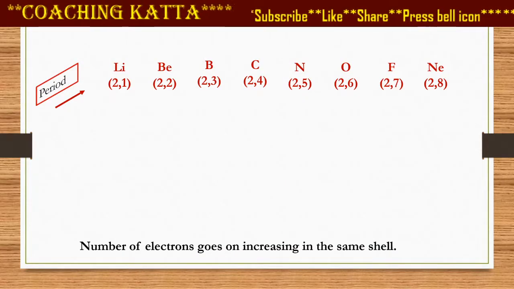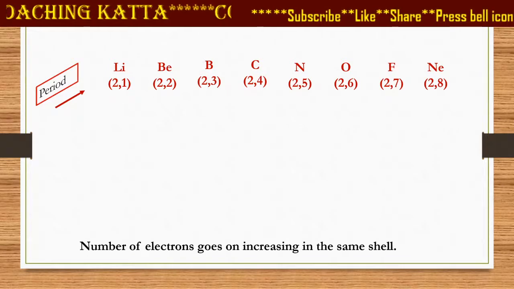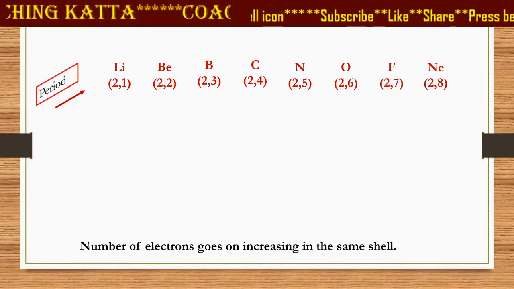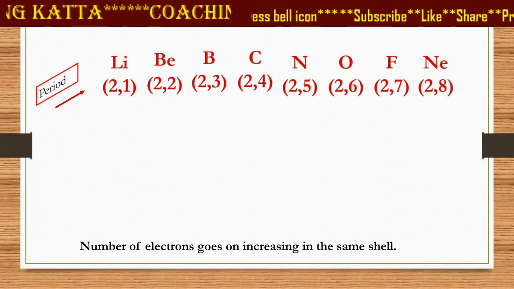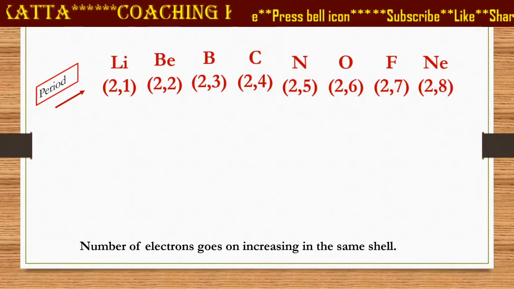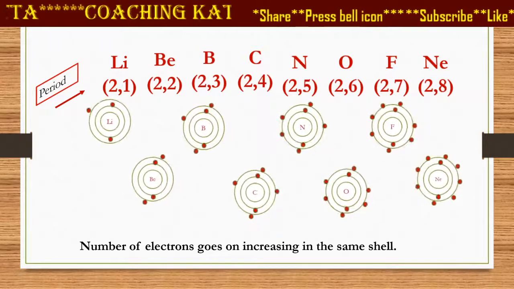In the diagram, the relation between periods and electronic configuration is shown. Observe the diagram. All these elements are from the second period. They contain only 2 shells, but the valence electrons go on increasing from left to right.